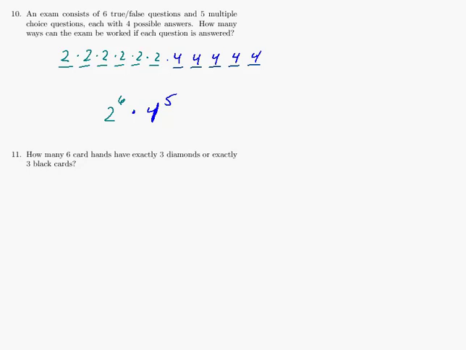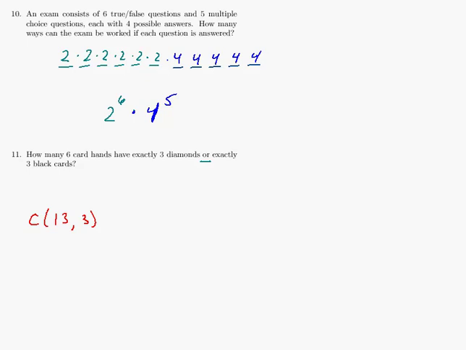The next question says, how many 6-card hands have exactly 3 diamonds, or, once again the keyword or, exactly 3 black cards? So exactly 3 diamonds, we know in a standard deck of cards, there's 13 diamonds, we need 3 of them.